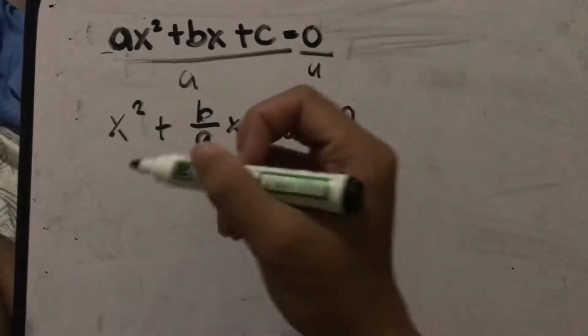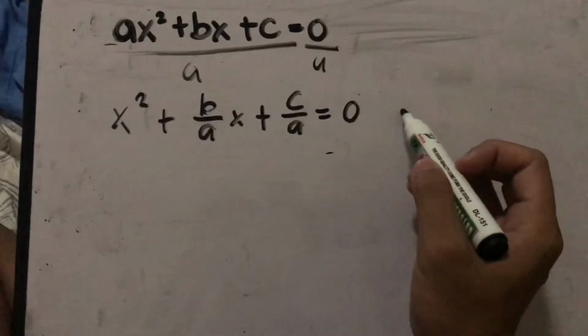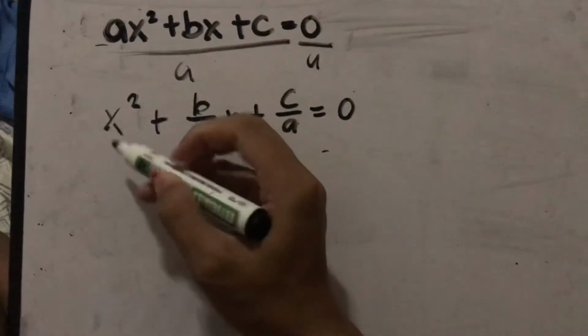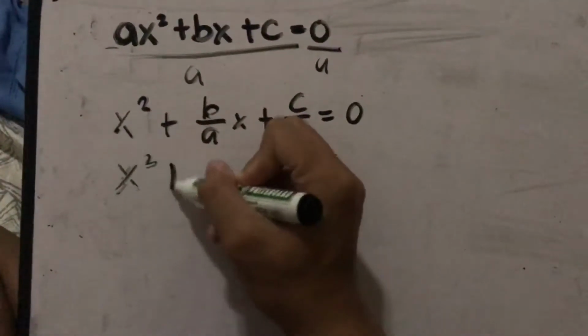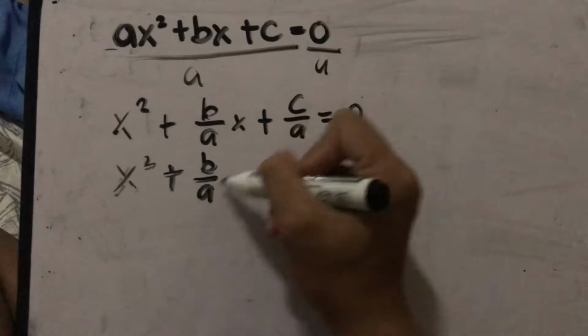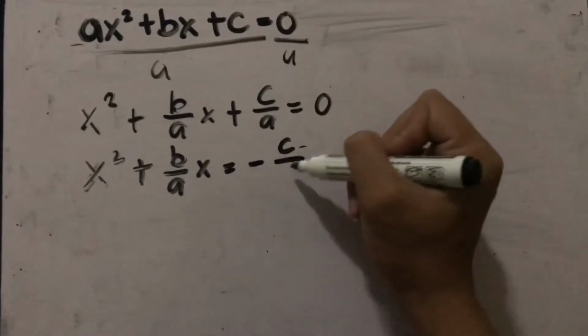So after niyan, lilipat natin yung c over a sa kabilang side. So x squared plus b over a x is equal to negative c over a.